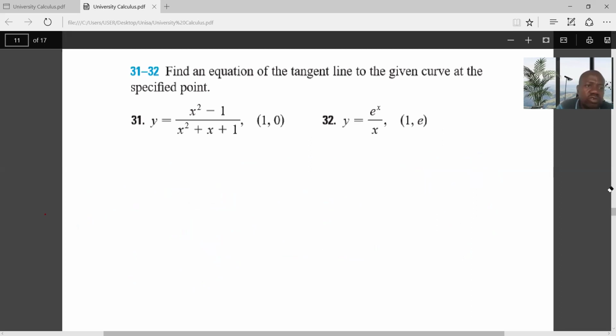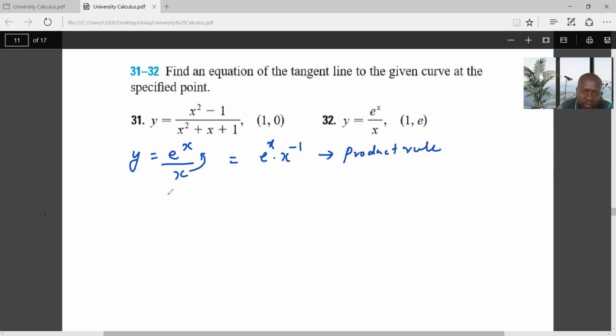Like number 32, because we have y equals to e to the x over x, I can take this to the numerator to say this is the same as e to the x times x to the power minus 1. So you see that we can use product rule because they're now multiplied. And if you're using product rule, the answers will be the same.